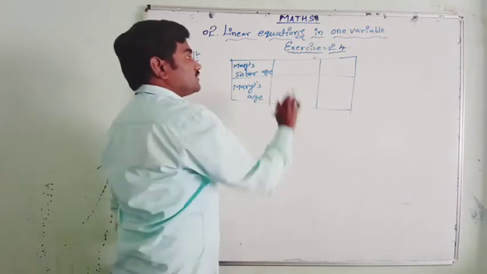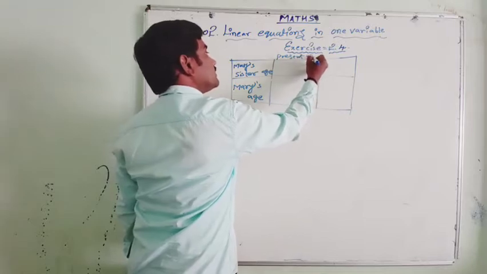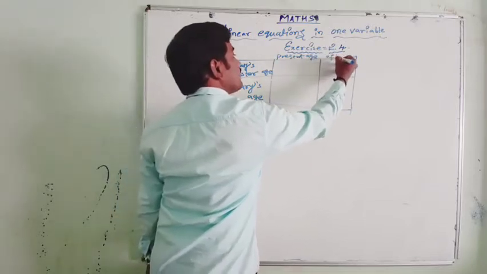Sister's age and Mary's age. This will be the present age and after 5 years.